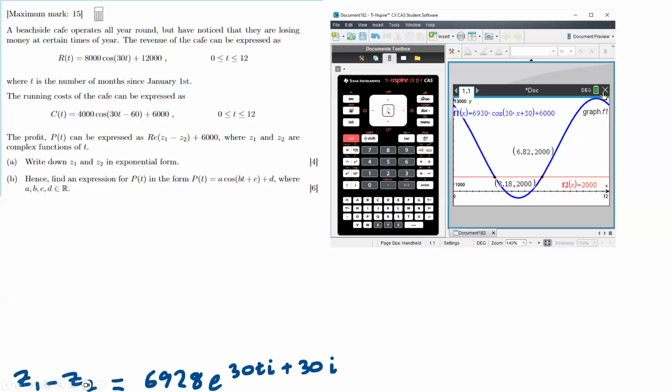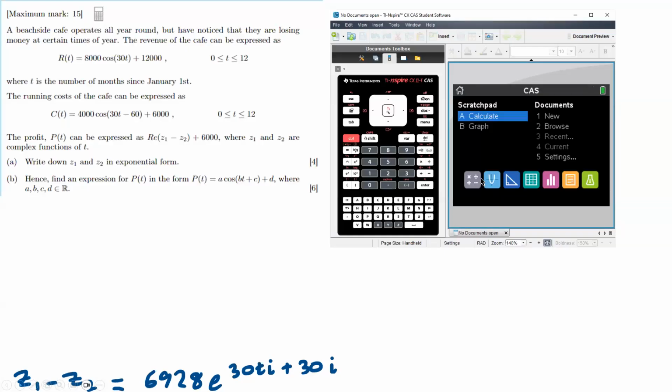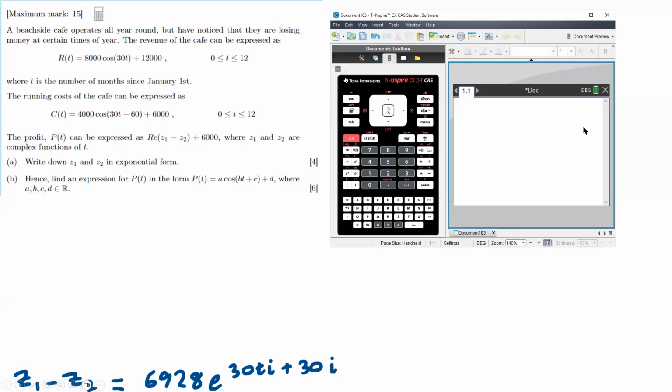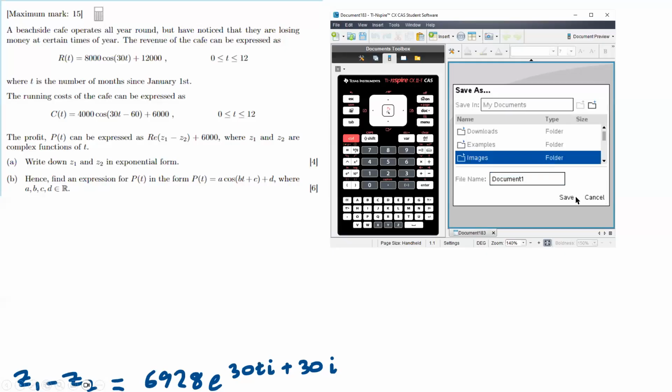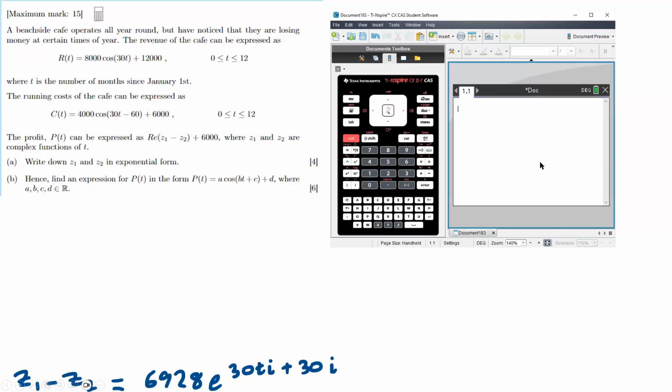So I'm just going to get rid of that graph. And I'll go to a new graphing page. Hang on, hitting all the wrong buttons. Yeah, if I go to a new graphing page, what we could note here is that P of t was literally the difference between the revenue and the cost. So we could have written into the calculator exactly what we see here, that minus that.